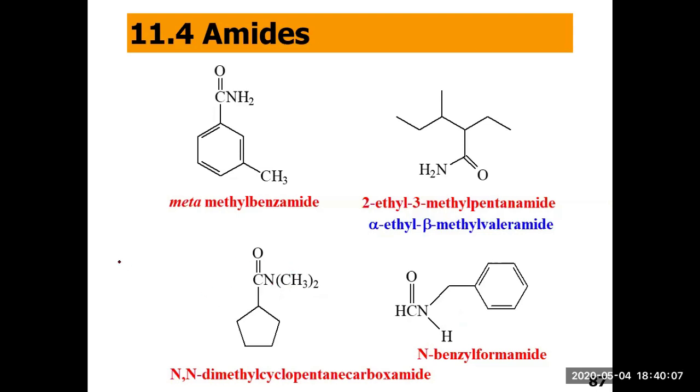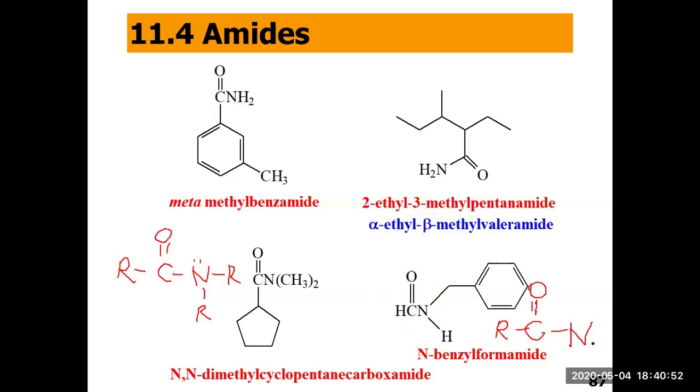So this amide has the form RC double bond O, nitrogen, and you have here alkyl groups that replace your hydrogens. So we have here a lone pair for the nitrogen. Okay, so for this molecule, we can actually classify this as the R group, and then you have here the carbonyl carbon, and then the nitrogen.